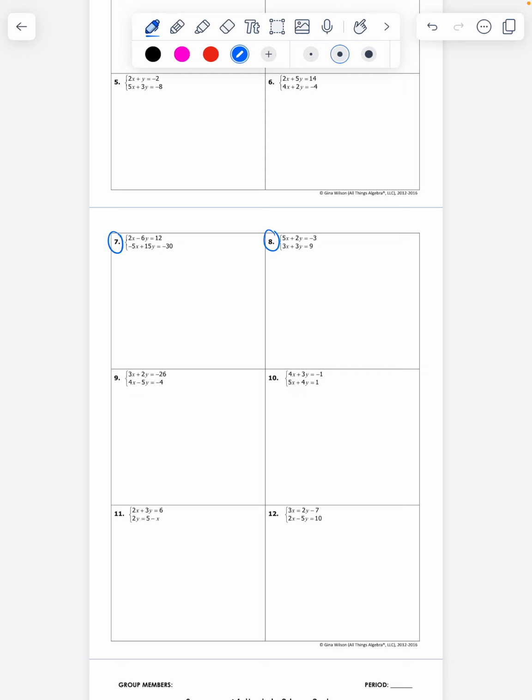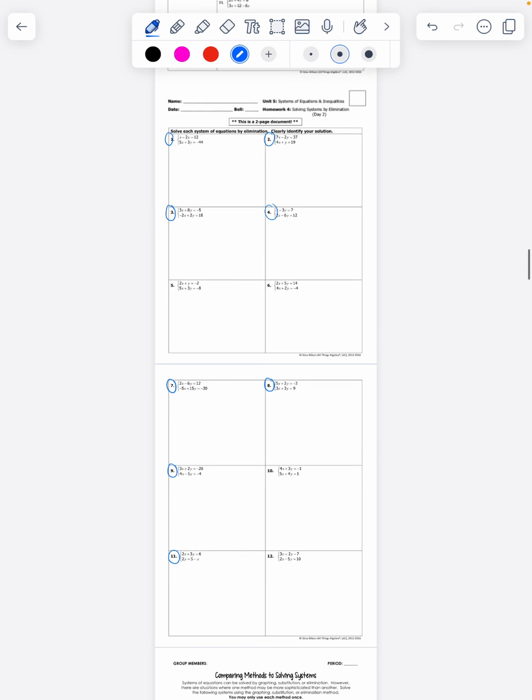Just looking for any strange ones. How about we do 9, and then I'm going to assign one of these weird ones, 11. So those are the questions I'd like you to do: numbers 1, 2, 3, 4, 7, 8, 9, 11.